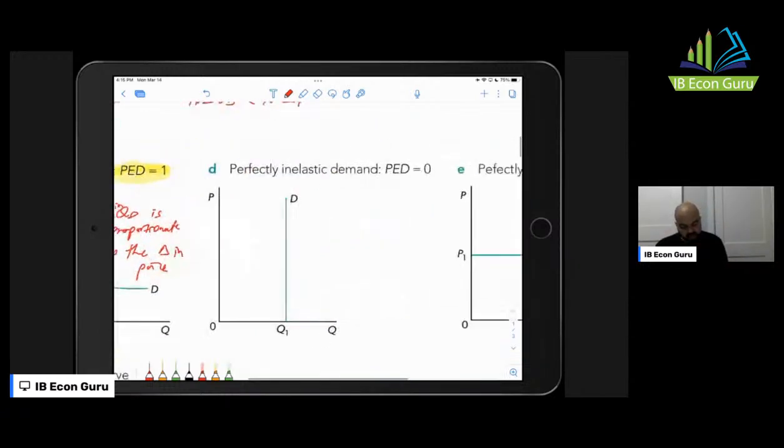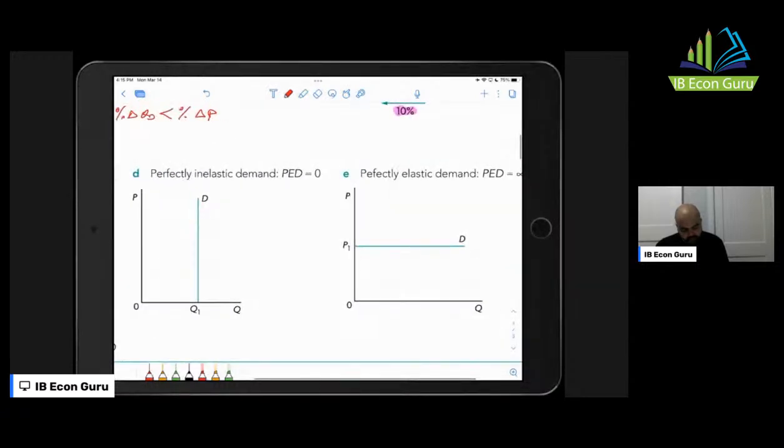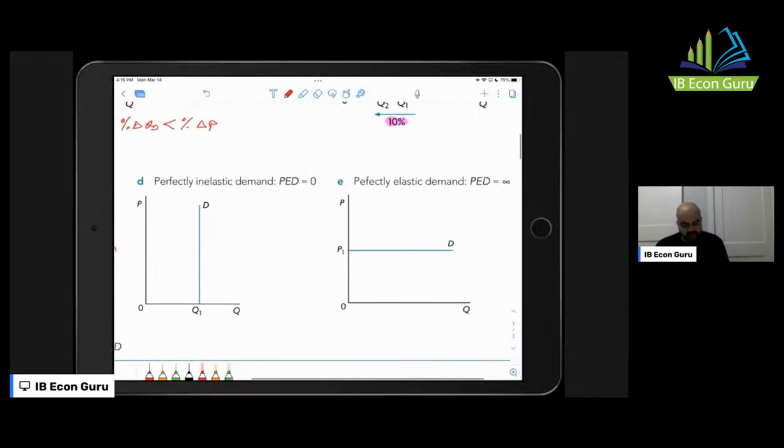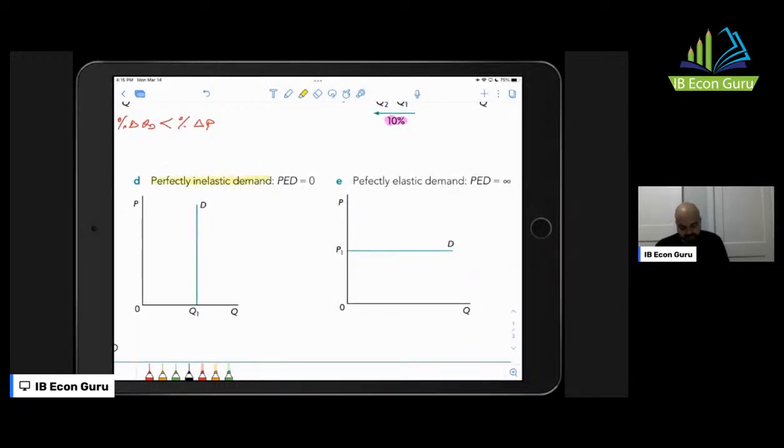And then there are two extreme cases, which are more hypothetical. You have perfectly inelastic demand, where PED equals 0. That means the quantity demanded is fixed. It doesn't respond to changes in price. The percentage change in quantity demanded is 0.